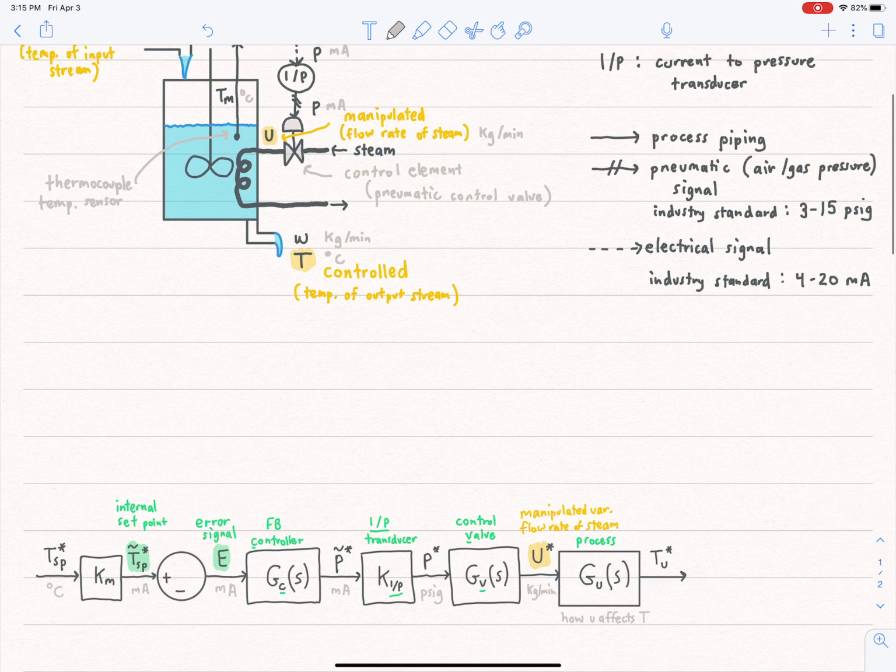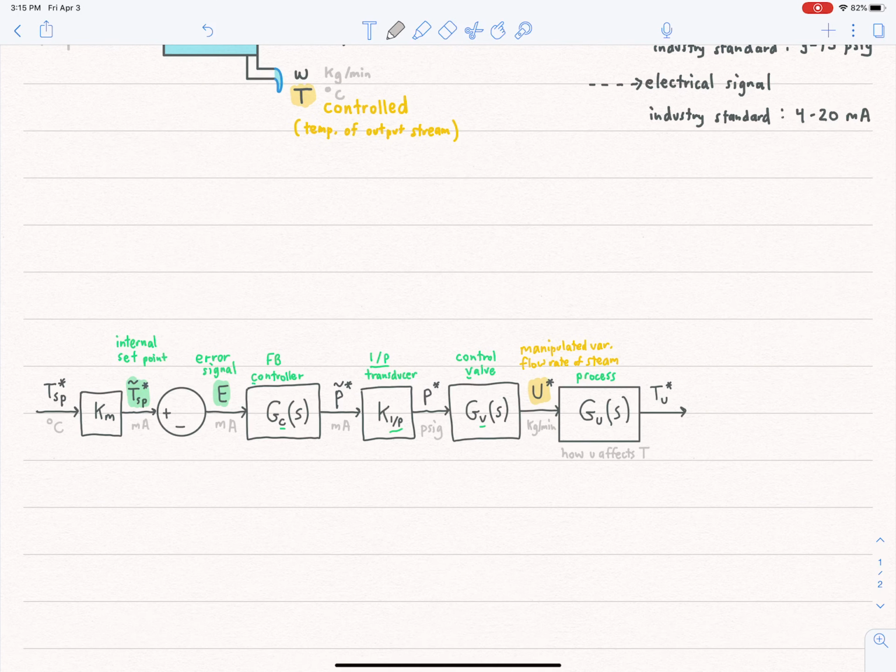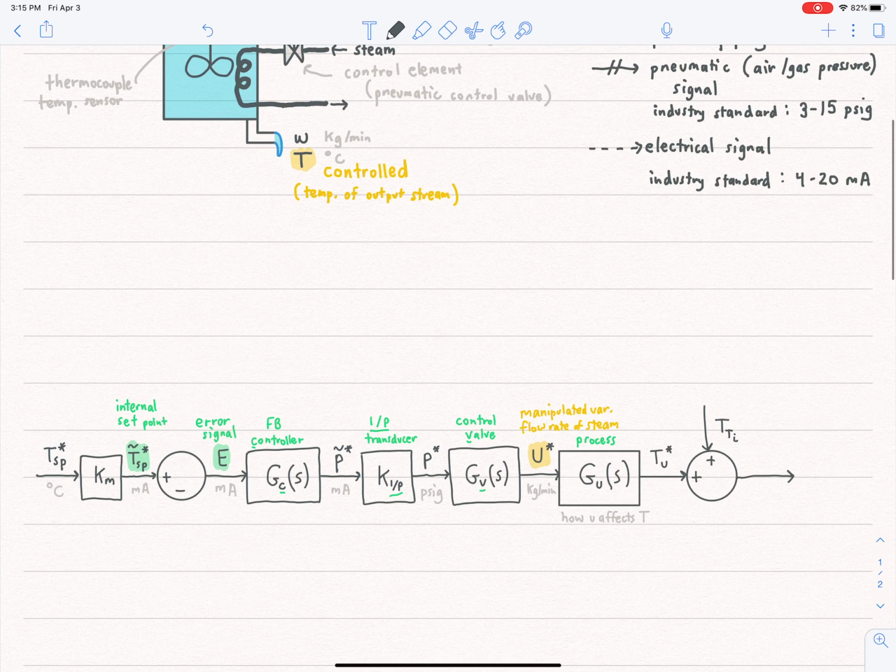But U isn't the only thing that affects T, right? We have the disturbance variable that affects T as well, T sub I. So we'll have another sum block here. So T is a sum of two contributions, a contribution from the manipulated variable and also a contribution from the disturbance variable, which here is T sub I, which is our disturbance.